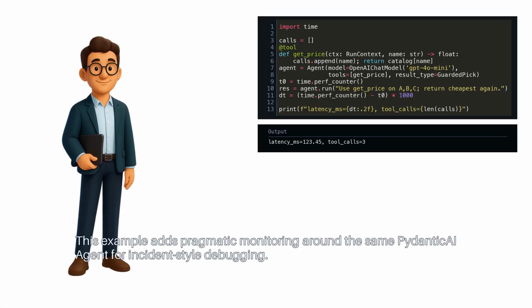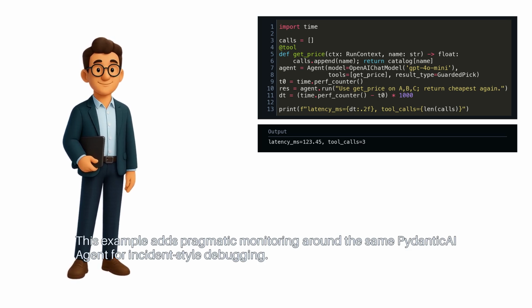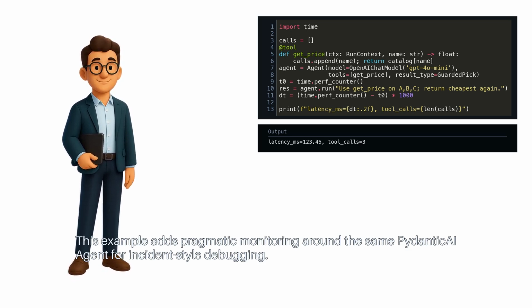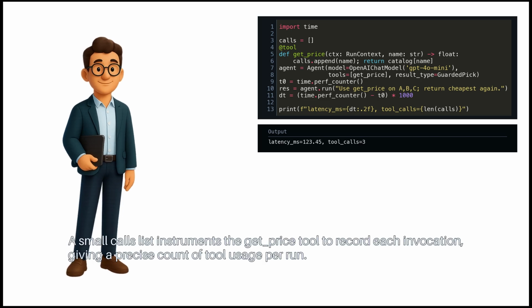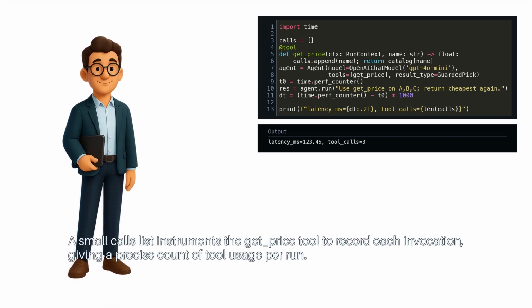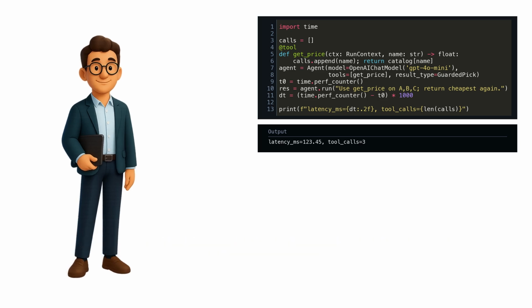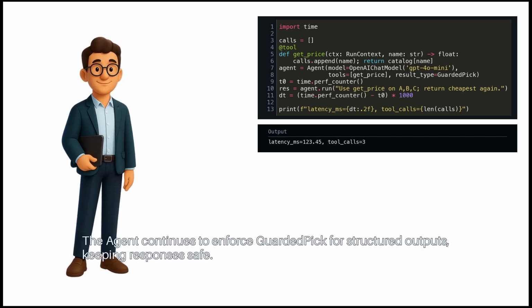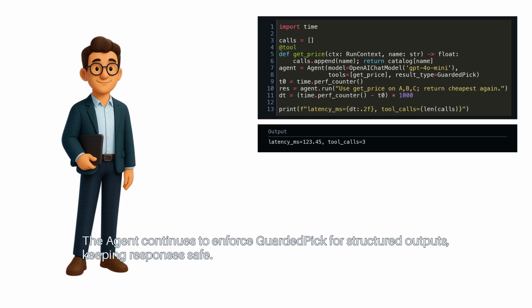This example adds pragmatic monitoring around the same PydanticAI agent for incident-style debugging. A small calls list instruments the getPrice tool to record each invocation, giving a precise count of tool usage per run. The agent continues to enforce GuardedPick for structured outputs, keeping responses safe.